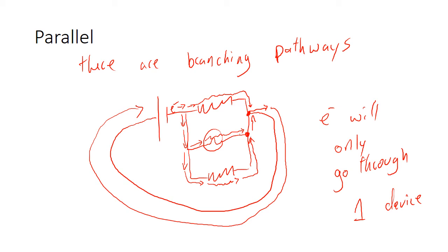So if you go through the first resistor, then you're done and you get to go back to the battery. If you go through the light bulb, you don't go through anything else. You get to go through the battery, and so on and so forth. Okay? So that's what makes parallel different than a series. Now, we can combine them together, but who wants to do that right now?